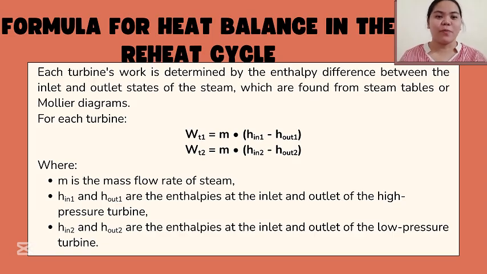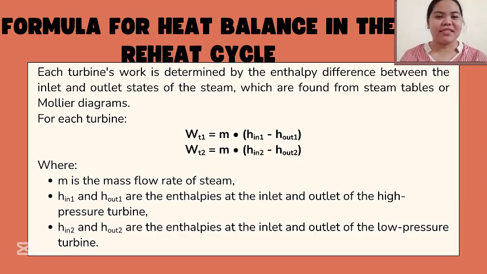Formula for heat balance in the reheat cycle. Each turbine's work is determined by the enthalpy difference between the inlet and outlet states of the steam, which are found from steam tables or a Mollier diagram.